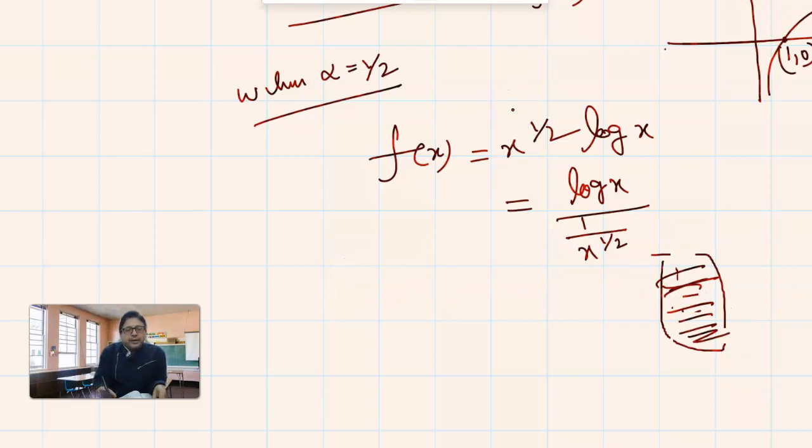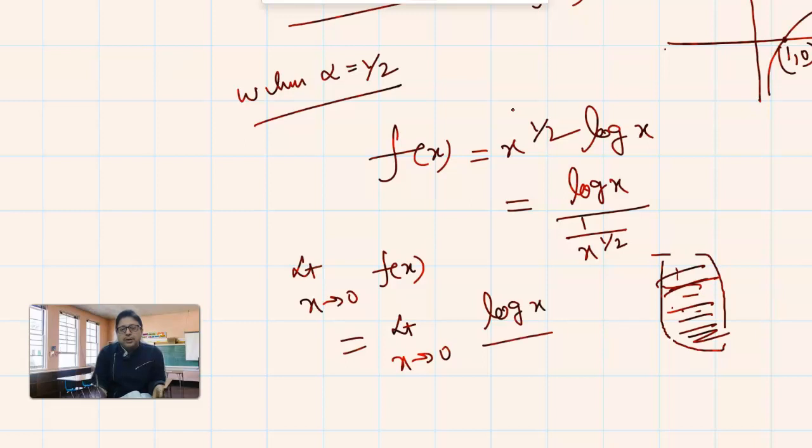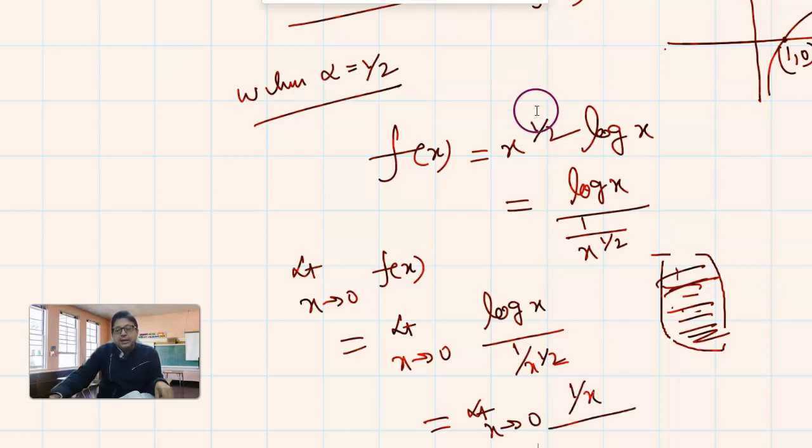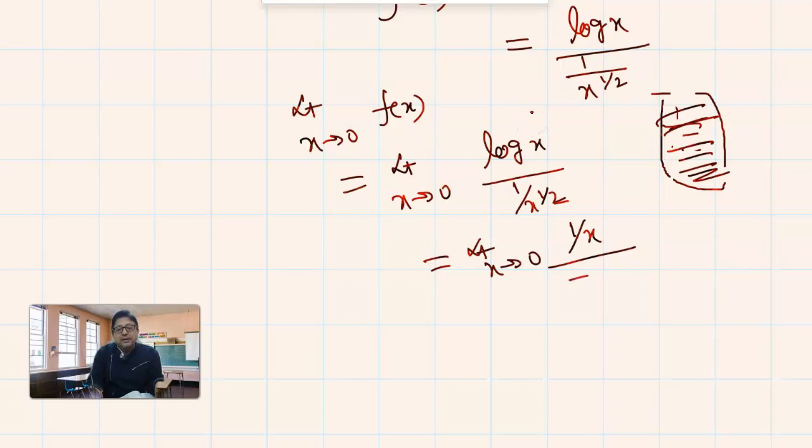So when we calculate the limit of f(x) as x tends to 0, this is going to be equal to the limit as x tends to 0 of log x by 1 by x to the power half. This form is obviously infinity by infinity, so we can use L'Hopital rule. This changes to the limit as x tends to 0 of 1 by x over minus half x to the power minus 3 by 2.